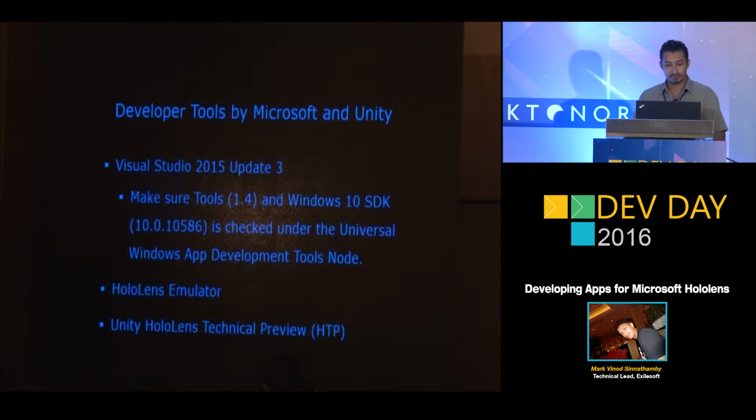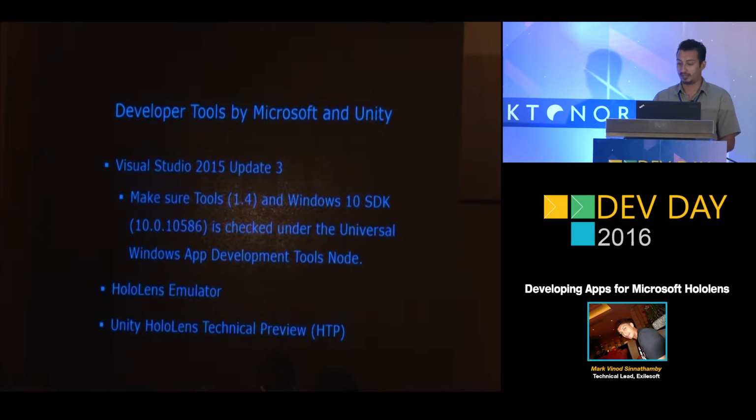So to get to the matter, we want to develop for the HoloLens. Basically, Microsoft and Unity have provided us some really great tools, and what we need is Visual Studio 2015 Update 3. Any version will work. The community edition is free, so even that is going to work.